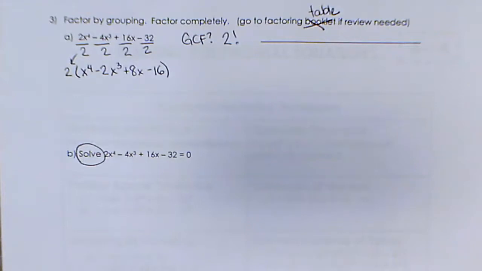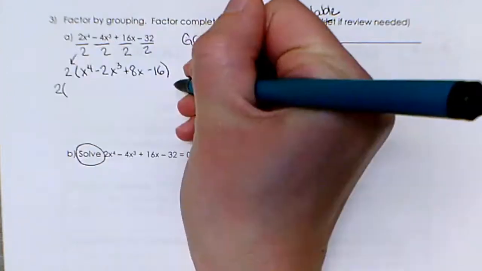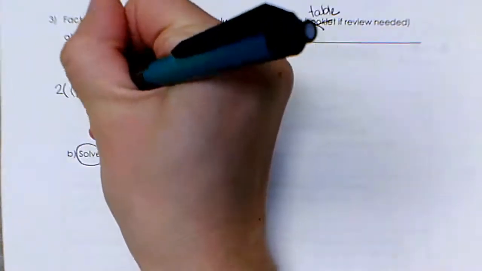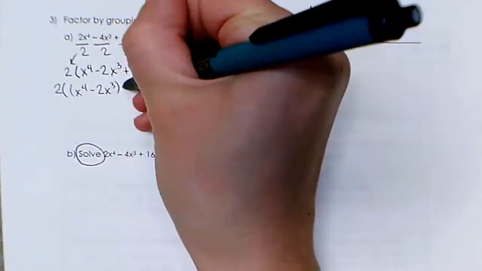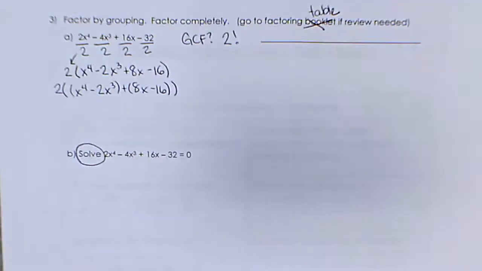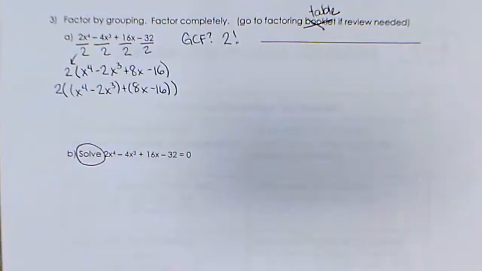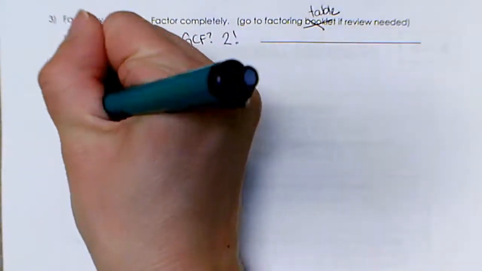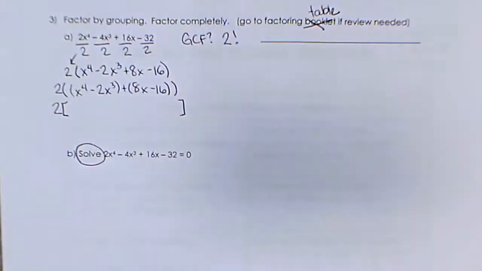So I've still got a 4-term polynomial, so I'm going to break it up into 2 groups. One group will be x to the power of 4 minus 2x cubed, and the other group will be 8x minus 16. Notice that I have parentheses around the whole problem and a 2 out for the GCF. I might change those exterior parentheses to brackets just to keep my head straight.